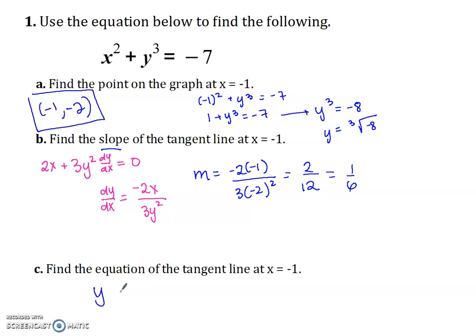So the equation of the tangent line is just going to be y minus y1, so minus a -2, equals m times x minus a -1, so x plus 1. So when you need the y value, use the original equation. When you need the slope, use the derivative.